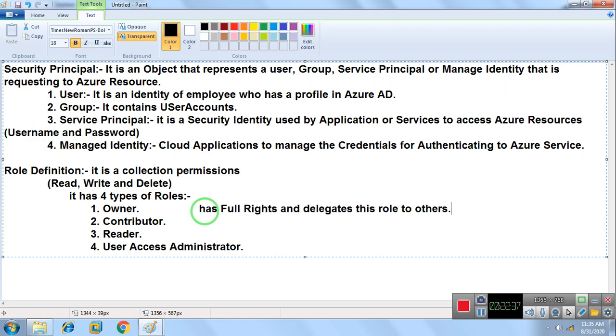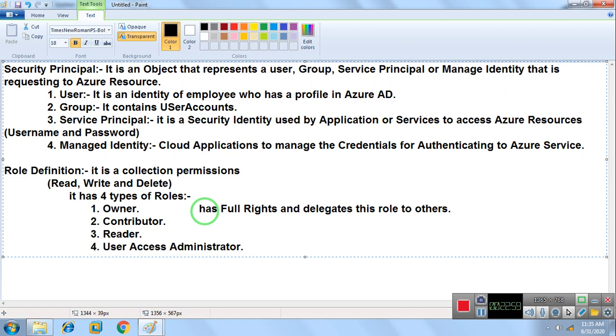Imagine I provide the Owner role to user one. User one has the authority to delegate this role to user two, or three, or four as well. So it works like an admin.